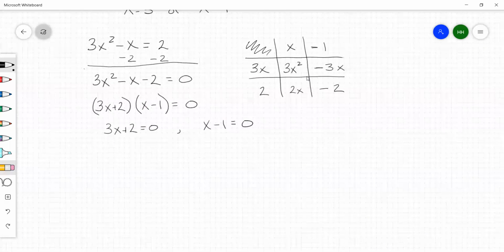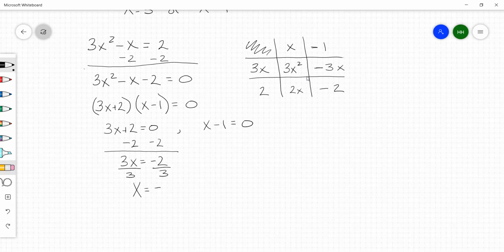You solve them both. So on this left-hand side, you subtract 2 from each side. The 3x is equal to negative 2, and then divide both sides by 3. So you've got an x that's equal to negative 2/3.